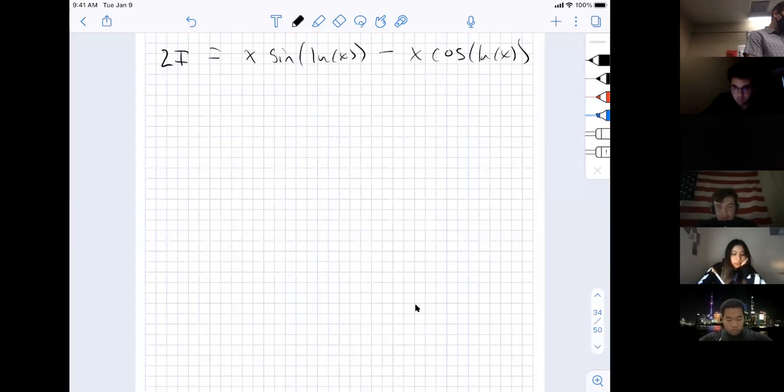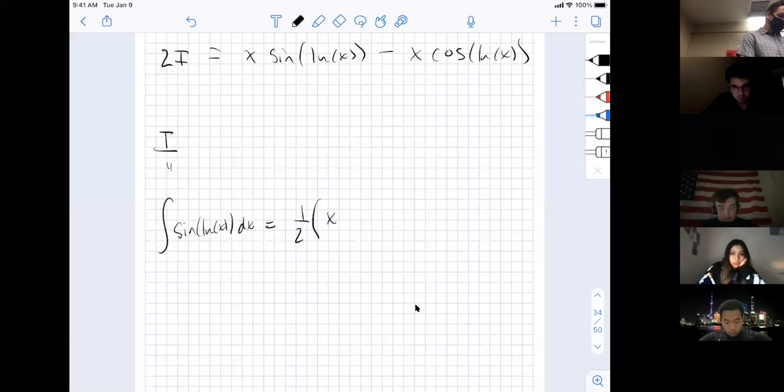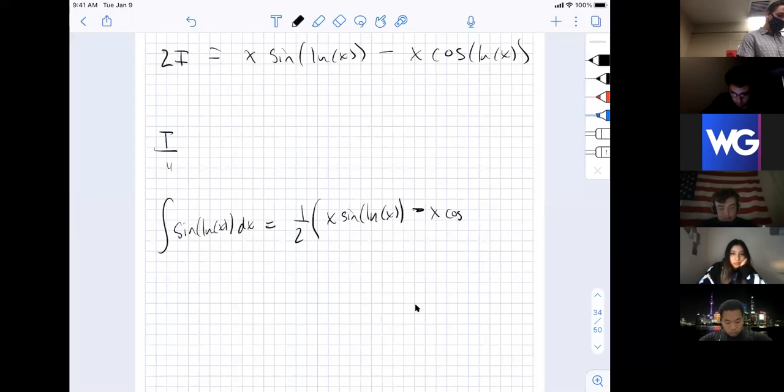So that means I, which is the integral that we care about, the integral of sine of natural log of x dx, is, well, I can divide both sides by 2 now. This is 1/2 times x sine of natural log of x minus x cosine of natural log of x. And then don't forget the C.